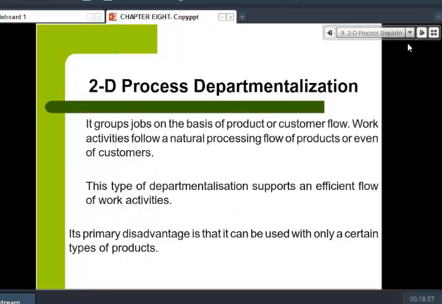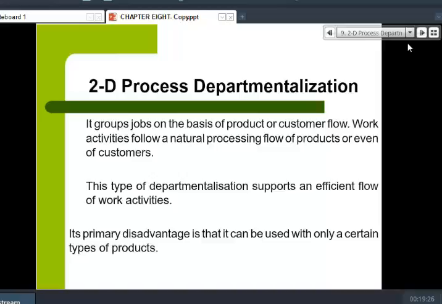Process departments group jobs on the basis of product or customer flow, work activities flow, as the nature of processing flow of the products or even the customers. So this type of department supports the efficient flow of work activities. So here the process department focuses on how efficient and effective the workflow of the product is.